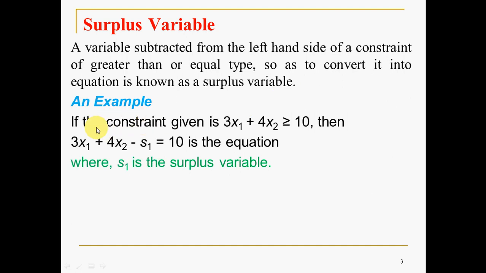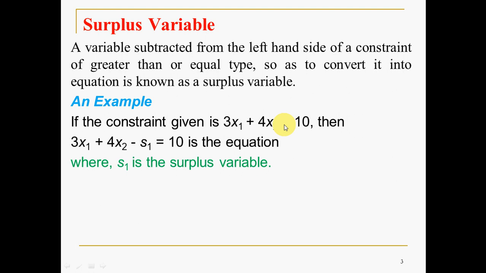For example, if the constraint given is 3x1 plus 4x2 is greater than or equal to 10, then 3x1 plus 4x2 minus s1 can be written as an equation equal to 10, where s1 is the surplus variable.